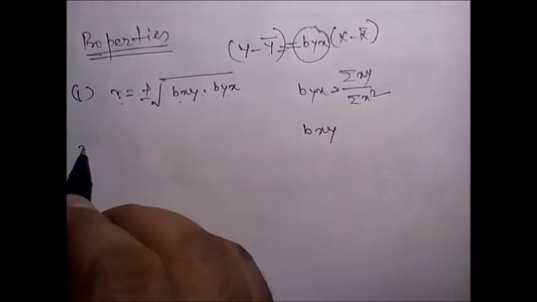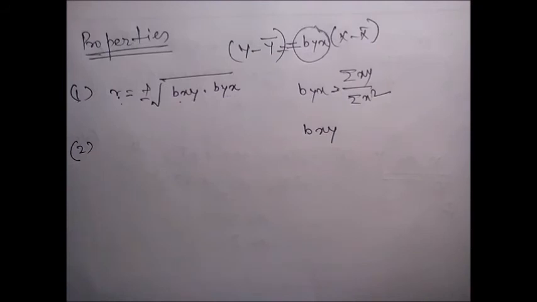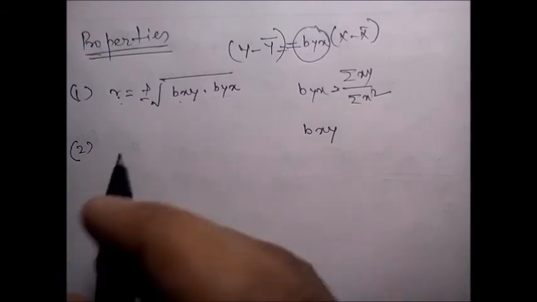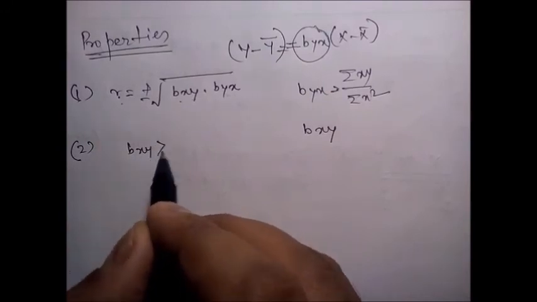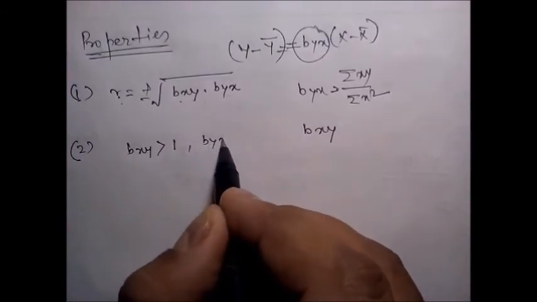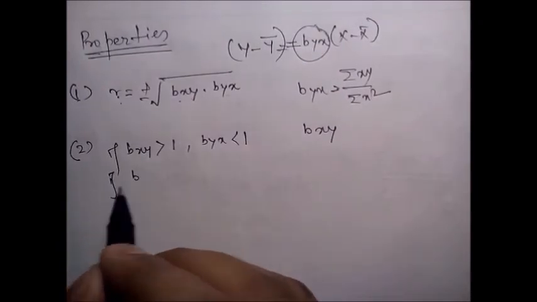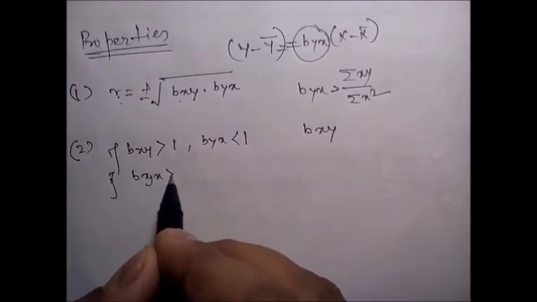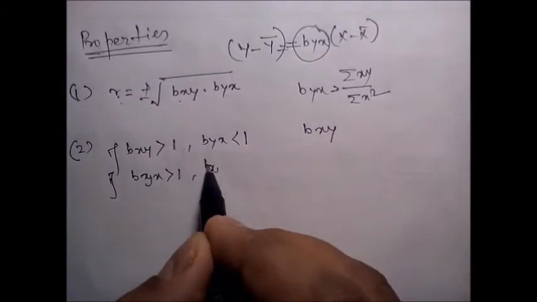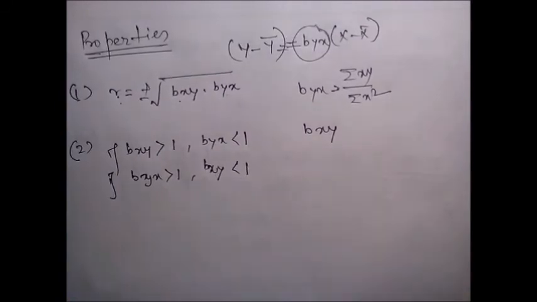Clear? Now second, if one of the regression coefficients is greater than unity, the other must be less than unity. Suppose bxy is greater than 1, obviously byx should be less than 1, or if byx is greater than 1, then bxy should be less than 1. Clear?